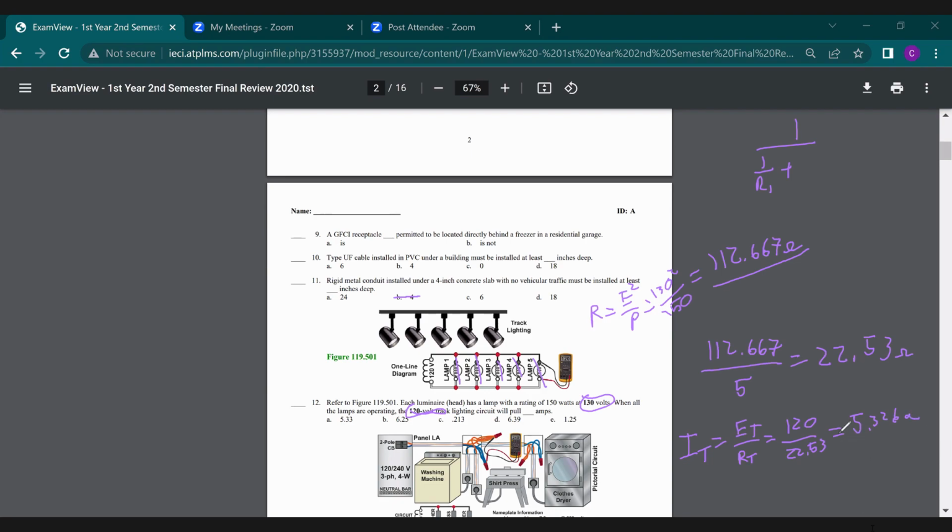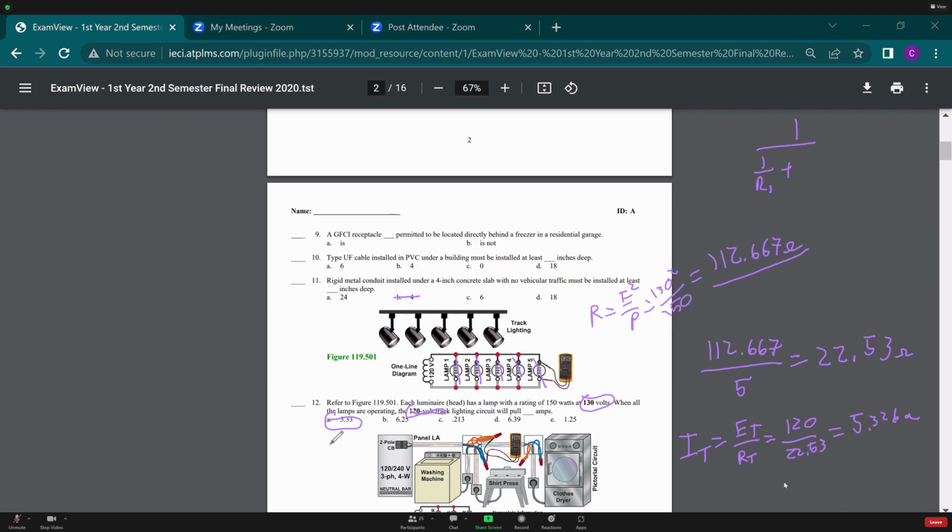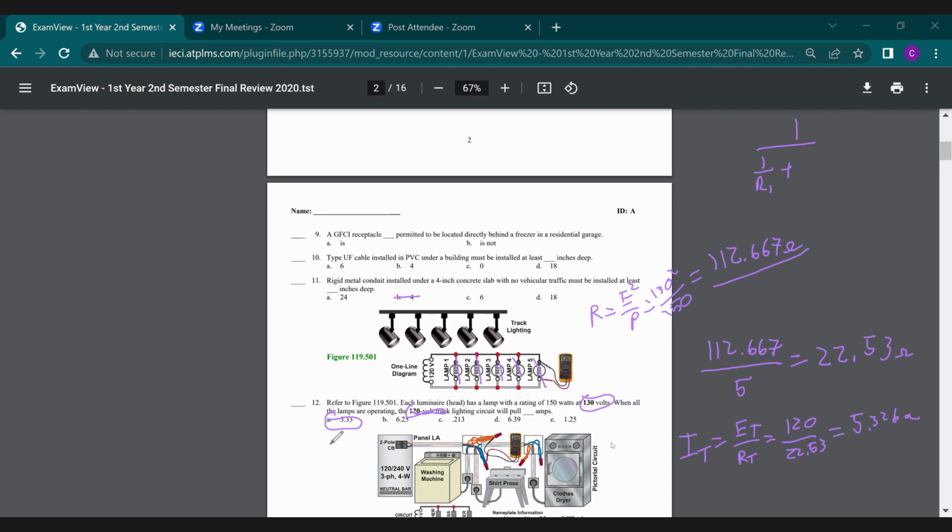Yep, this is in amps. 5.33. Now, if we remember back to the previous question that I did about finding the specific resistance of one element, it uses the same exact logic train with the math. Because they're all equally rated, you can just do that little breakdown.